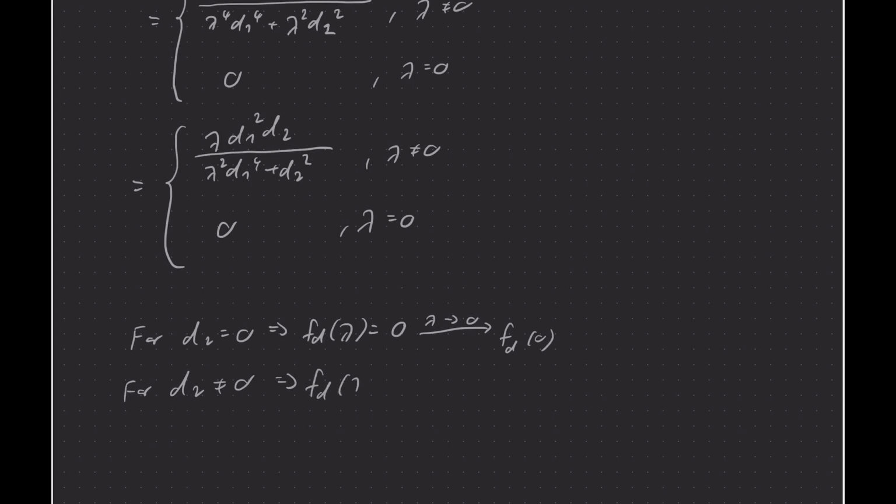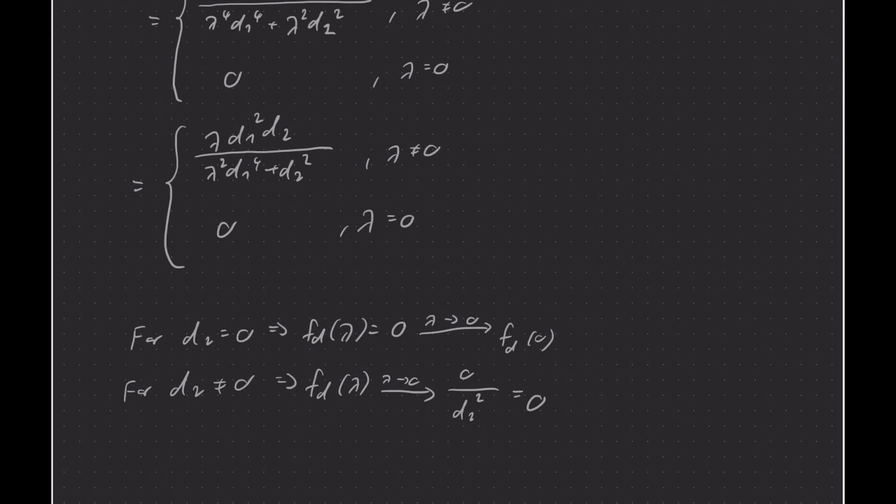So f_d of lambda, for lambda to 0, goes to 0 over d2 squared. As d2 is not 0, this is well defined, and it has a value of 0. Okay?